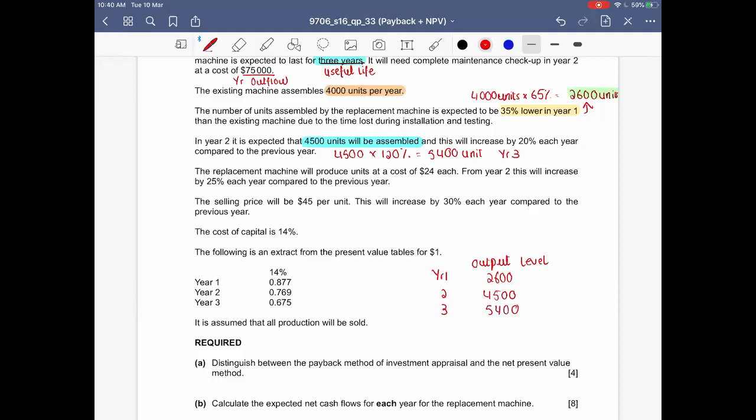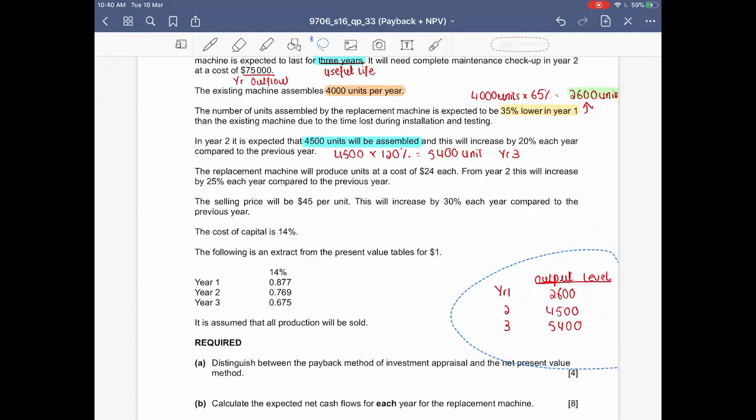Next, the replacement machine will produce units at a cost of $24 each. From year 2, it will increase by 25% each year compared to the previous year. So what is the cost? The cost in year 1 is 24, then in year 2 it's going to increase by 25%, that is 30.